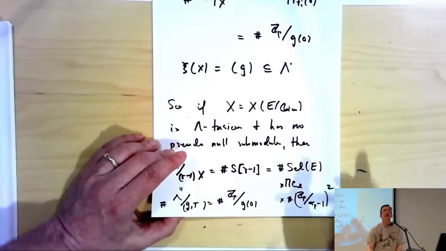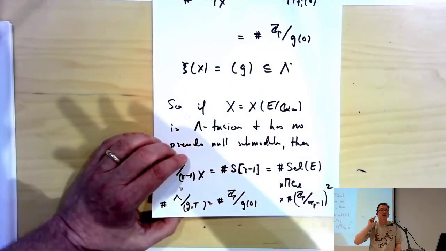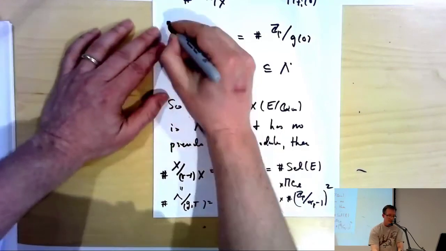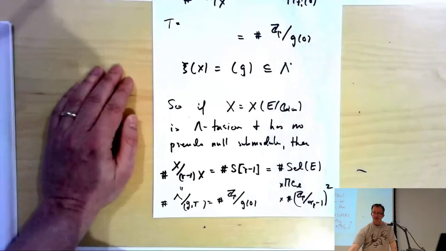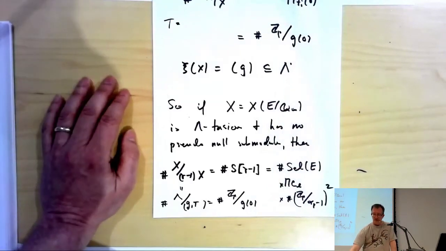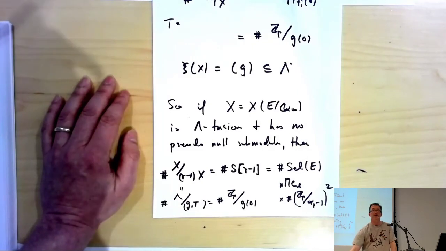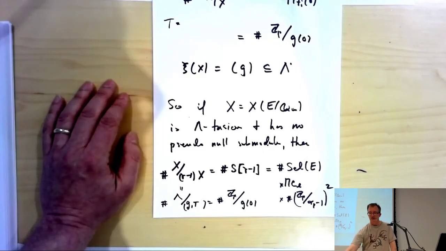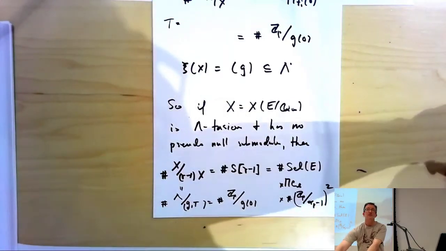Yes? That came from this relatively short, four-term exact sequence. So we have an Euler characteristic, saying that the order of this times the order of this is the order of this times this. These two have the same order because A is finite.